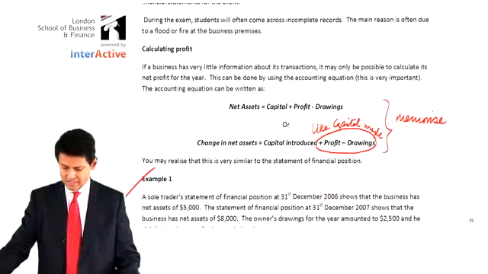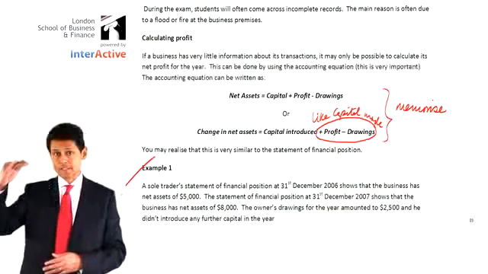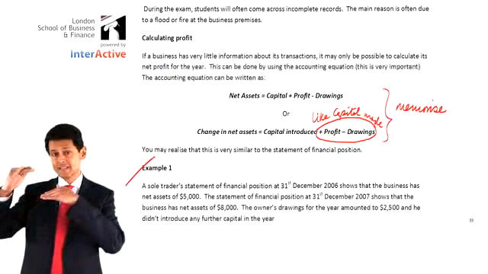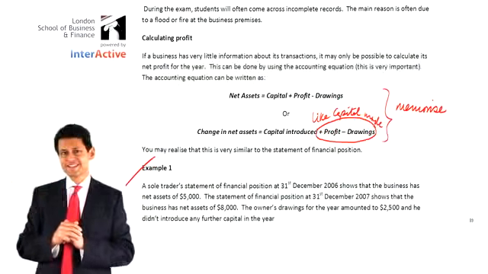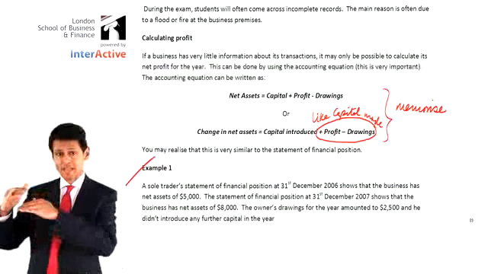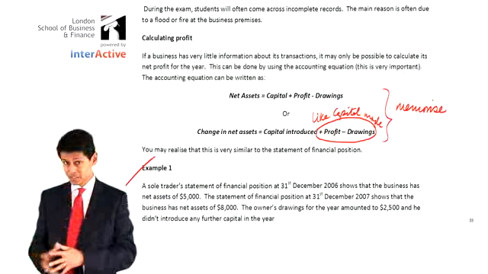Calculating profit, the key thing to memorize, of course, is this formula. It all boils down to one simple formula, and that is opening capital plus capital introduced plus profit. So opening capital plus capital introduced plus profit minus drawings equals closing.